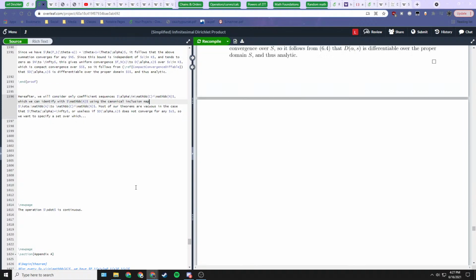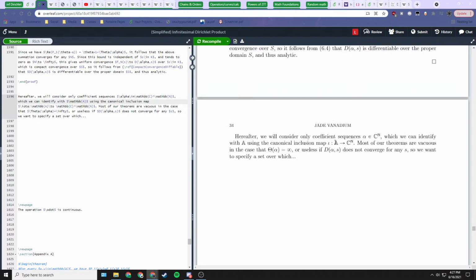The inclusion map essentially just applies an isomorphism. So we know that our set A is the same as C to the n, formally speaking.